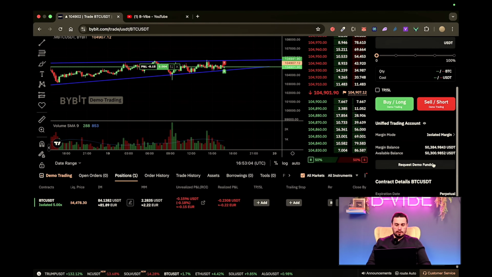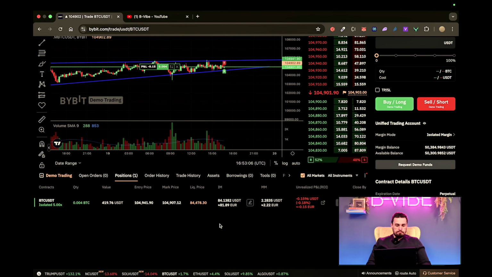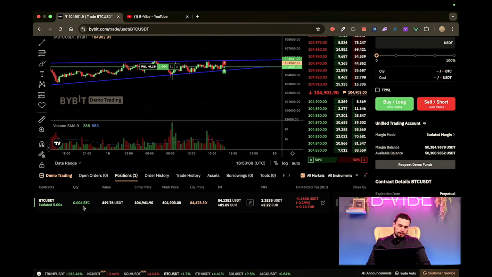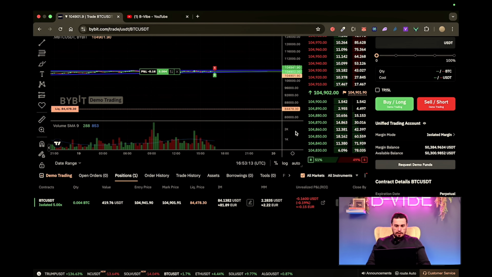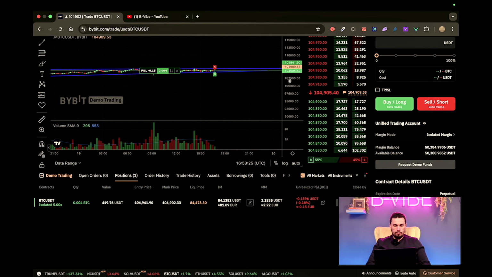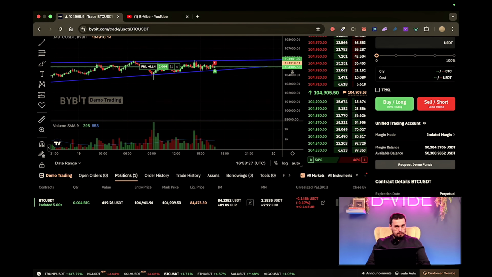Also, what I want to say, because we have now entered the trade, is that we can see here that the liquidation price is around $84,500. If the price starts to go lower and you are at bigger risk of hitting this liquidation price, you will be kicked out and you will lose all of your money for this specific trade.